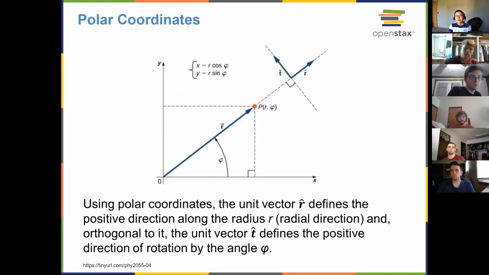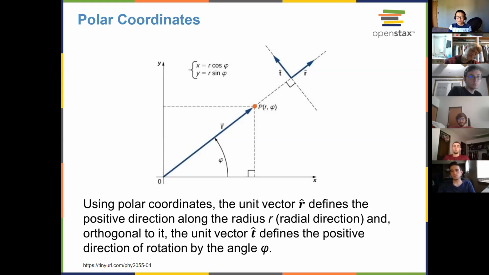All right. Now another coordinate system is called the polar coordinate system, which is identical to how you describe a vector by its magnitude. So it's given in magnitude and then direction angle, r and phi here.